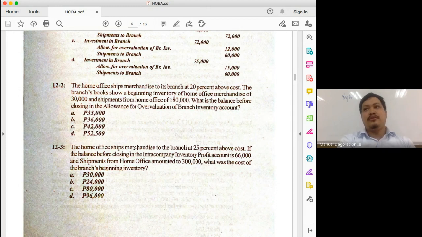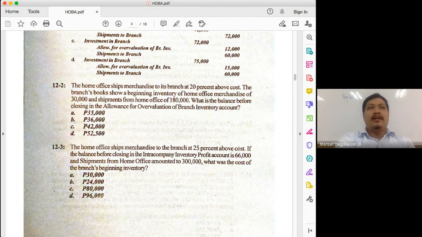Remembering these relationships would be very important, class. The amount of decrease, the amount of adjustment, the amount of deduction to your allowance account to arrive at the ending balance simply represents the markup on the cost of goods sold of the branch.